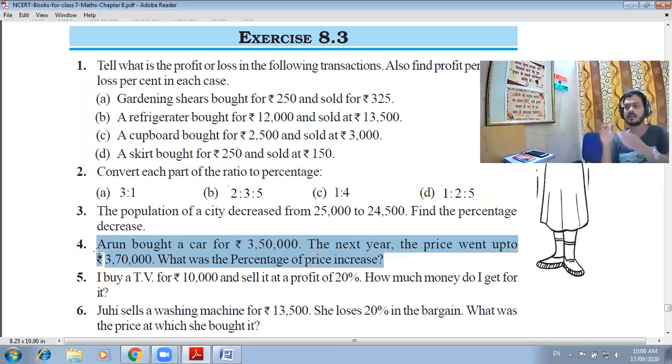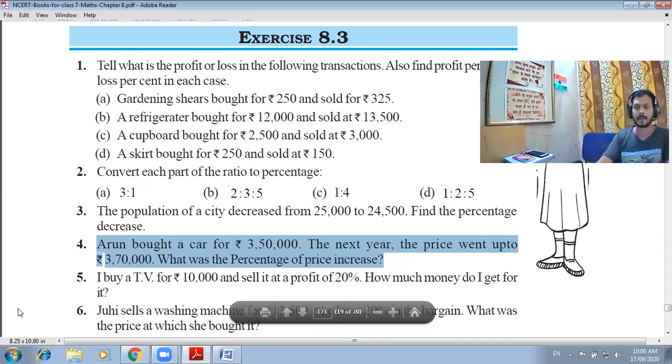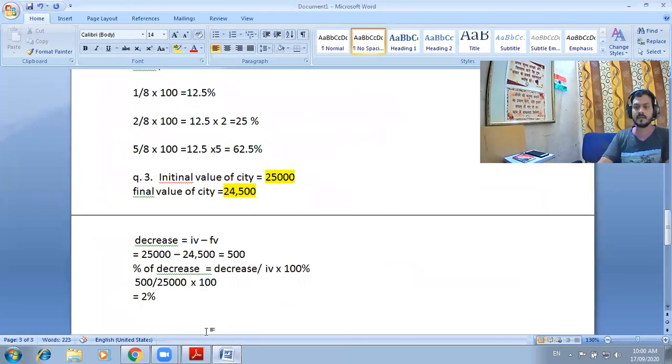Because in question number third the population decreases, but in question number fourth the prices increase, and it is true, because the rate of anything increases every year. So firstly write the initial value and final value, then proceed to the solution.